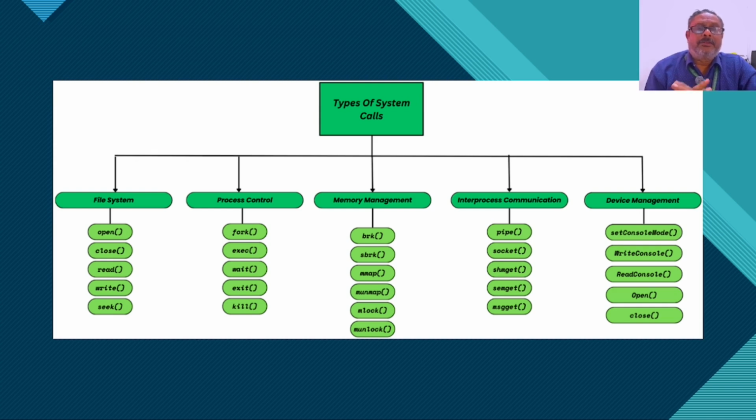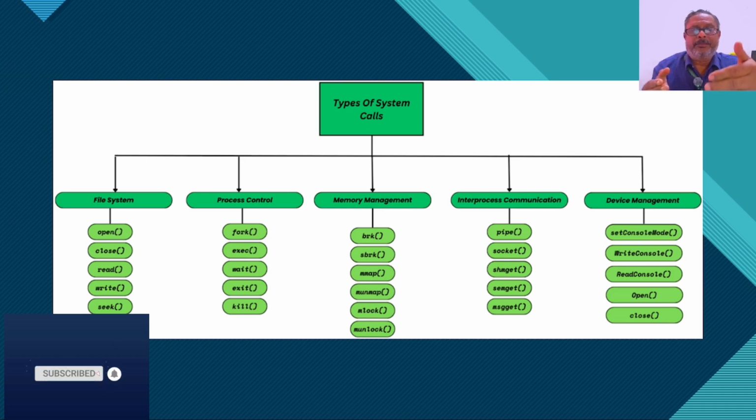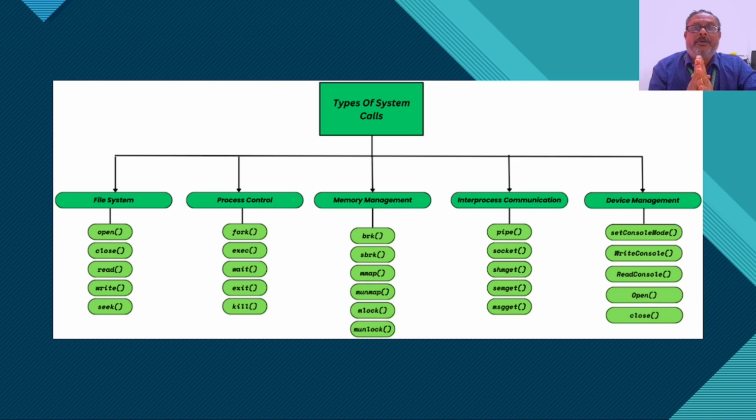Then getting into process control, we can create a process. We can create a duplicate of the process, or a child process, from a process, for which we use a system call called fork. Fork is a wonderful system call we have for creating a process from one process.